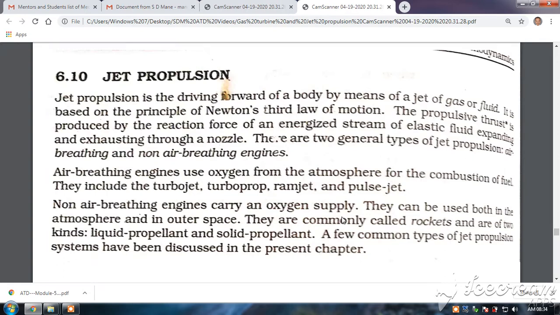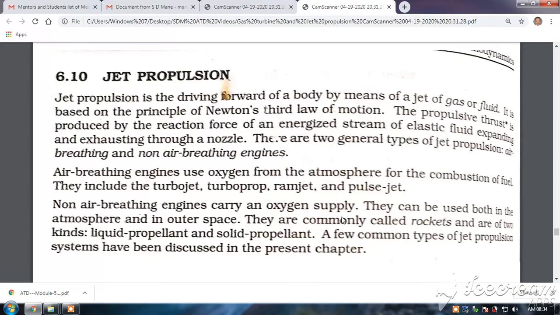See, Newton's third law of motion says that for every action there is an equal and opposite reaction. So jet propulsion is based on the principle of Newton's third law of motion. The propulsive thrust is produced by the reaction of an energized stream of elastic fluid expanding and exhausting through a nozzle.